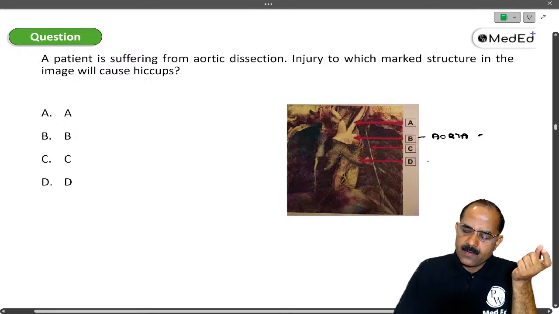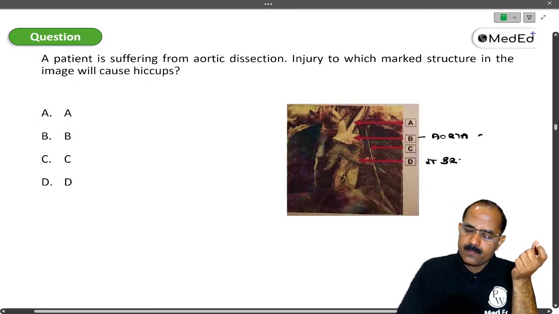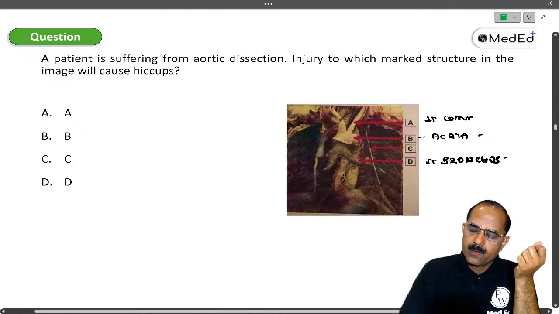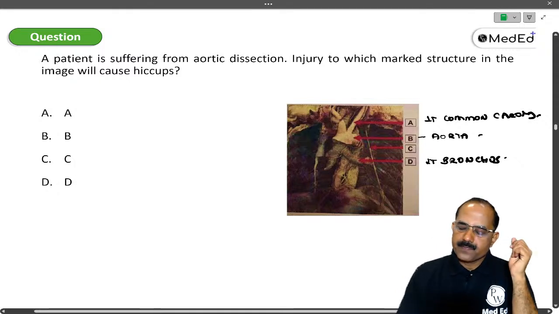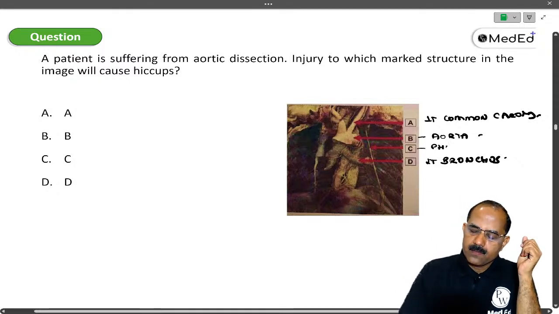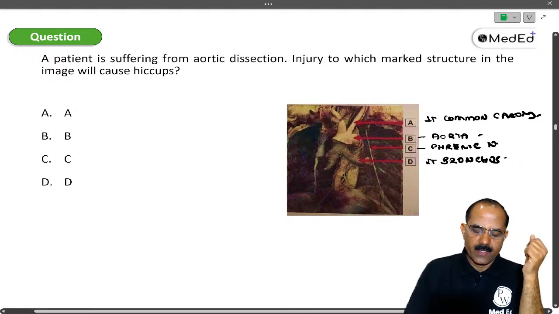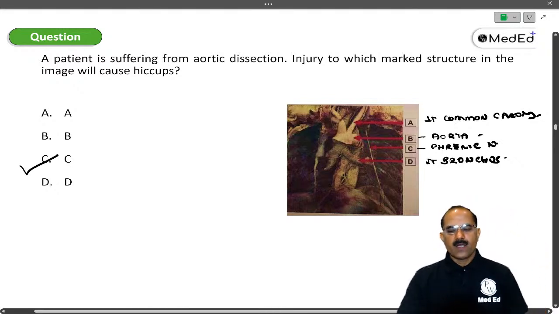What is D? Bronchus. What is A? A is left common carotid. What is C? Phrenic nerve. Answer is C for this.